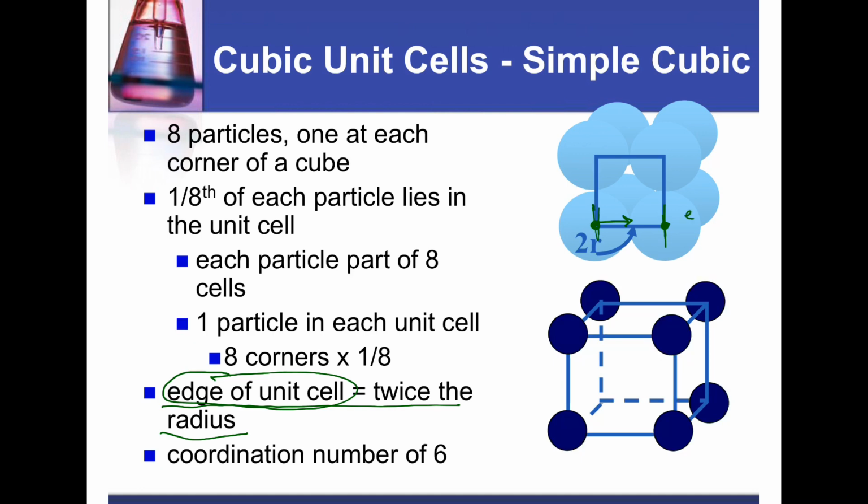So we can go from the edge to the radius. And what's important about the radius is that we can use the radius to find the type of atom. Remember when we talked about periodic trends and we talked about different atoms have different radiuses, things that are further down in the periodic table have bigger radiuses? And so we can actually now put some numbers on there. We can use a radius and match it to a particular type of atom.